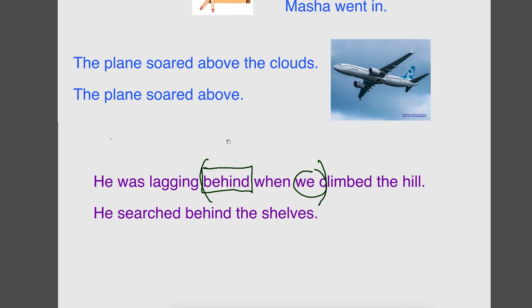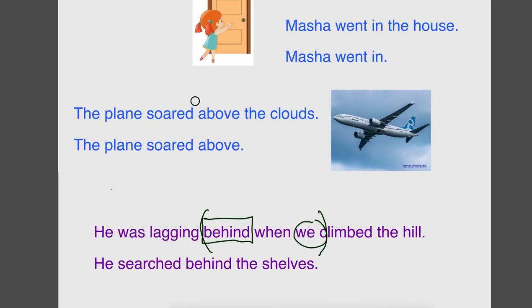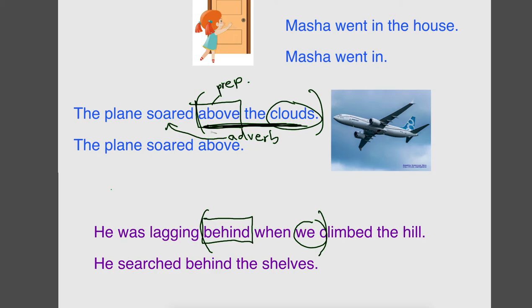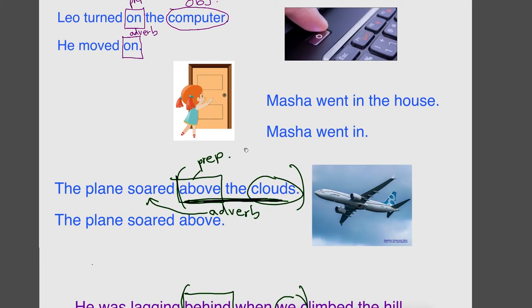Okay, but something you have to know is that these prepositional phrases, like "above the clouds," even though "above" is a preposition word, this phrase here could act as one long adverb describing "soared." Okay, so where did they soar? They soared above the clouds, right? Yeah. So these could modify the verb soar by telling us where, like what adverbs usually do.